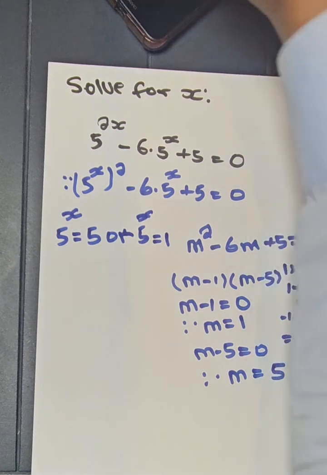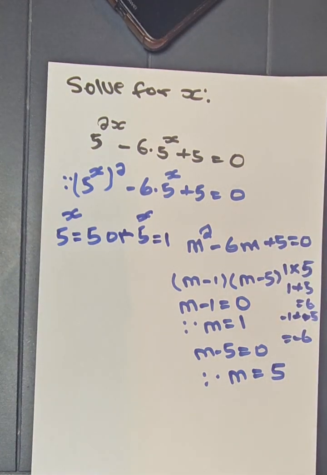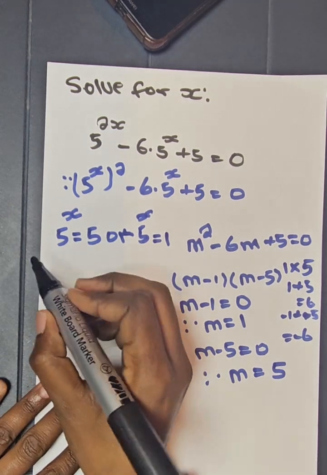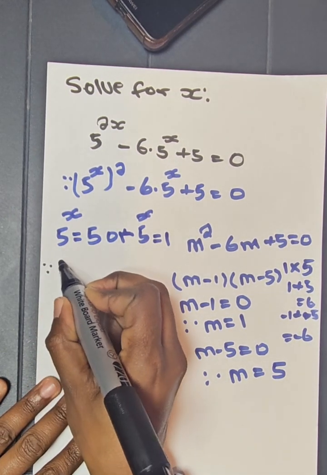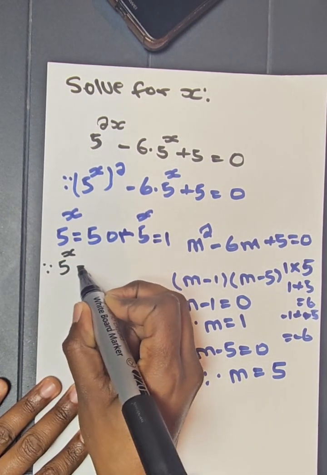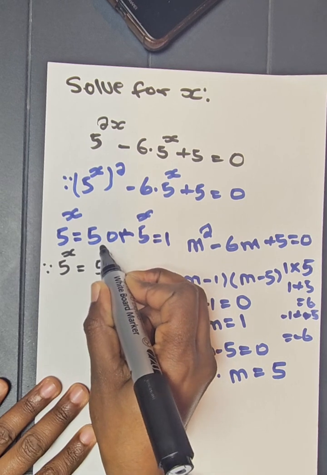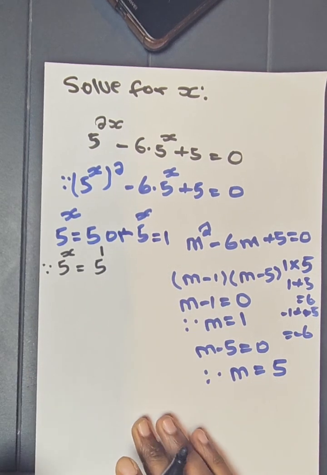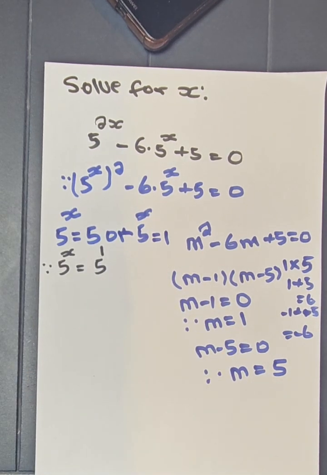Now let's work it out. In order to solve the exponential equation, remember the rules. We must have power equal to power. We're going to therefore say 5 to the power of x equals 5 to the power of 1, because the 5 has got an exponent of 1.